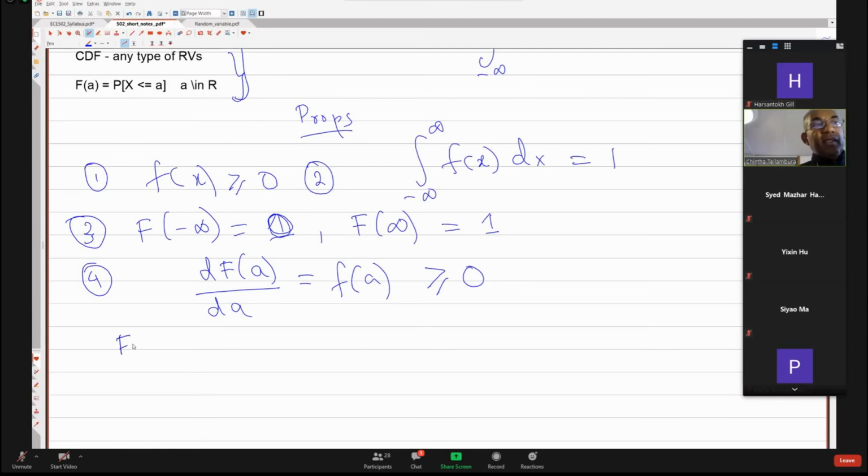So what that means is F of A is non-decreasing as A increases. Okay, so that's the basic idea.